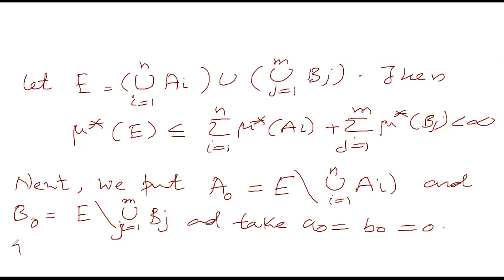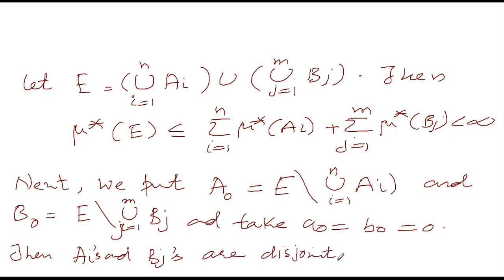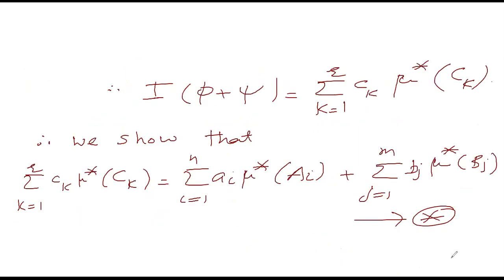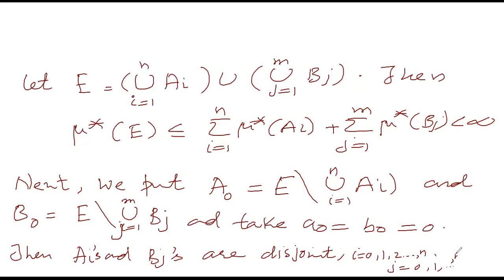Then the A_i, i is equal to 0 to n, and the B_j, j is equal to 0 to m.